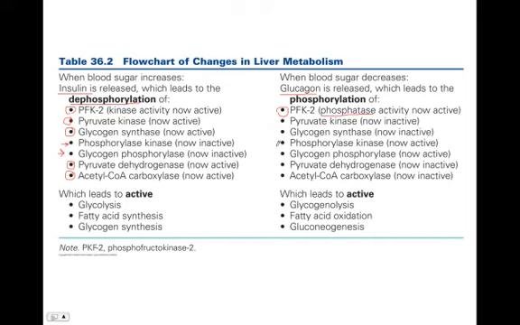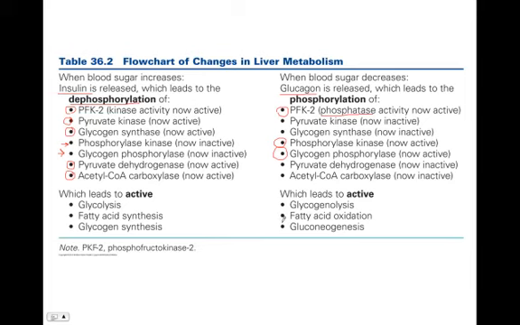It also phosphorylates phosphorylase kinase and glycogen phosphorylase, which activates glycogenolysis. This activates the pathways of glycogenolysis, fatty acid oxidation, and gluconeogenesis.